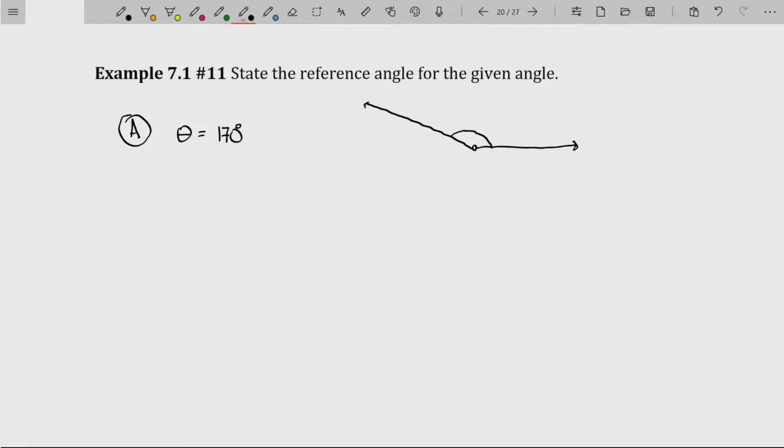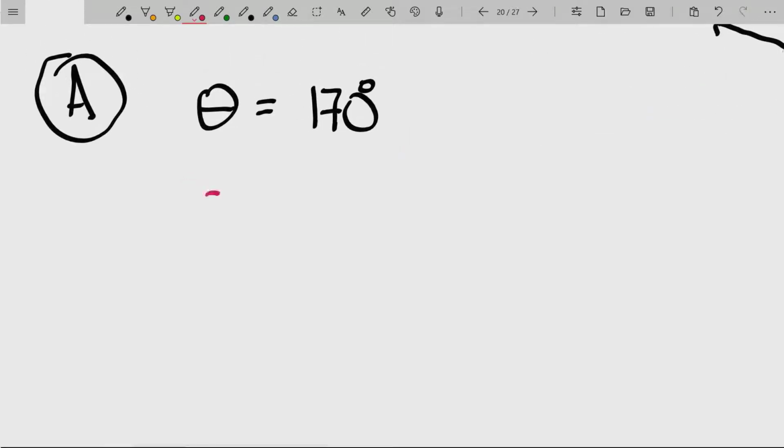170 degrees is almost to 180, but it's not exactly. The fastest way to get to that horizontal axis is through a 10-degree angle. That's what you have left over. It's like the stuff you didn't get through to get to the axis. So the reference angle for 170 degrees is 10 degrees.